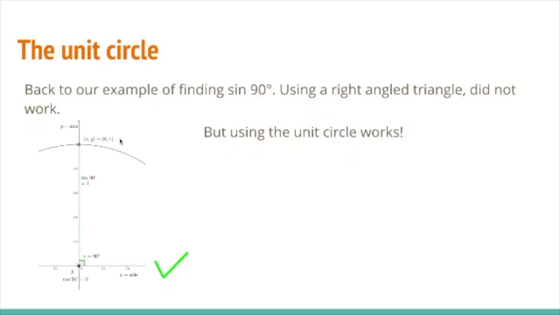Now that point is the point where the x and y coordinates are 0 and 1. So what does that mean? That means that since the sine corresponds to the y value, sine of 90 degrees is equal to the y value here, which is 1. And we have the answer.